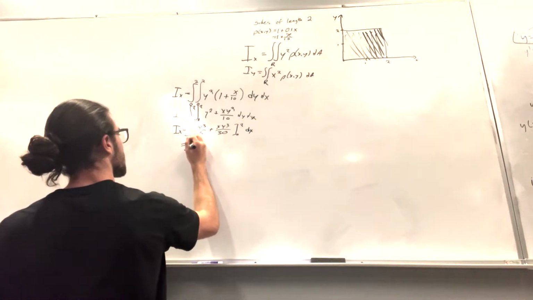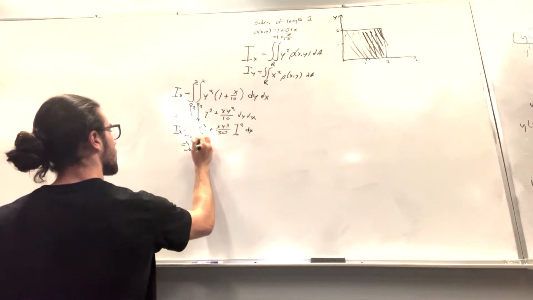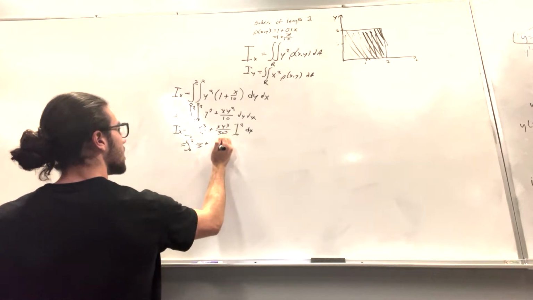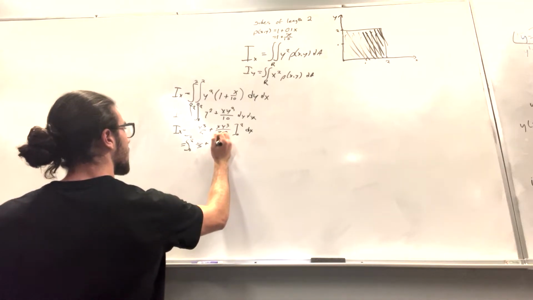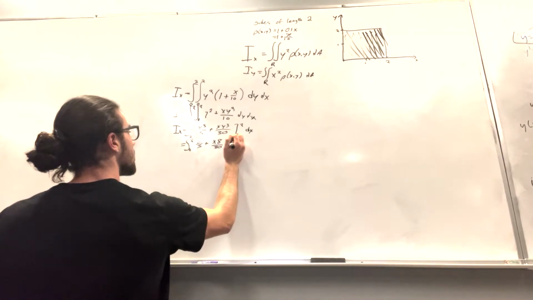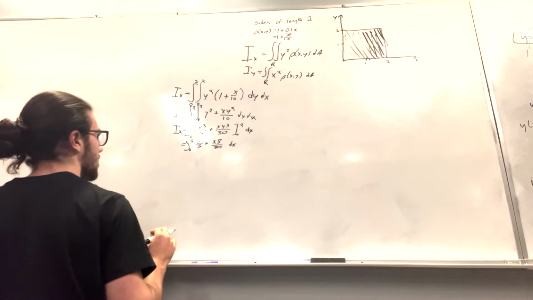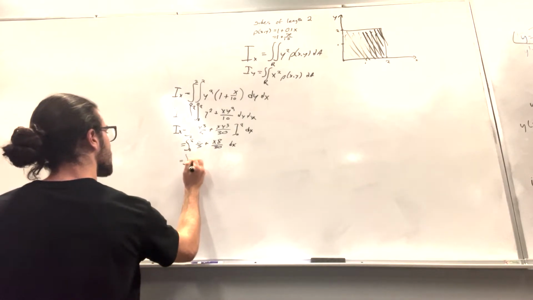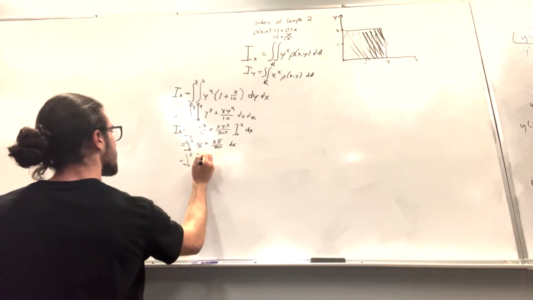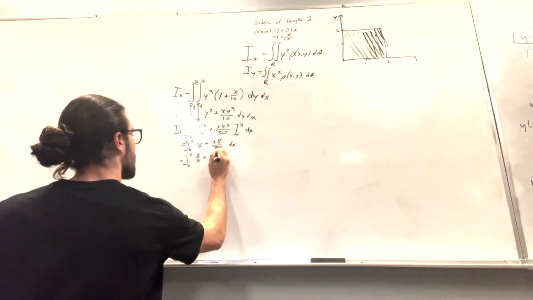And then 0 to 2. So plugging in 2, we get 8 thirds plus x times 8 over 30, dx. We should probably simplify this a little bit. 8 over 30 simplifies to 4 over 15.